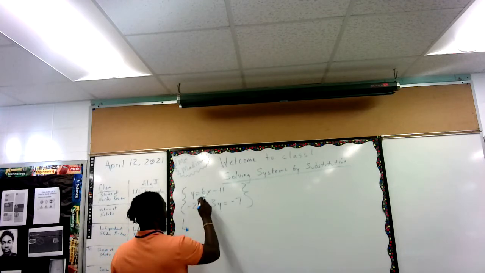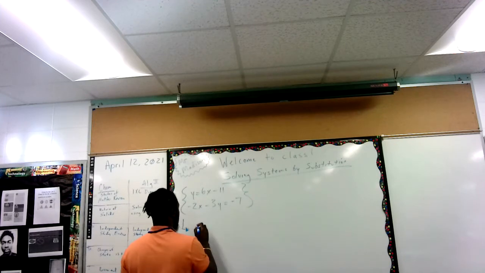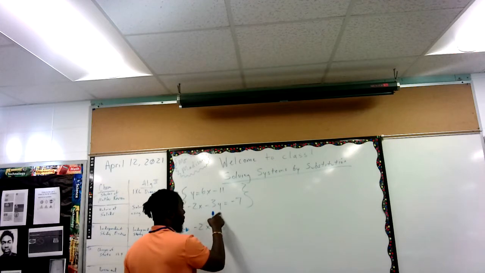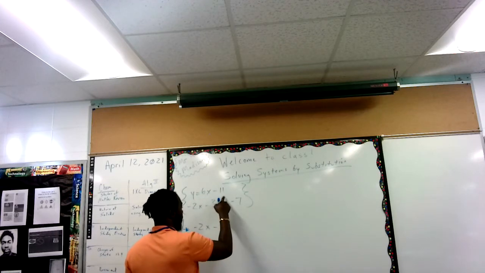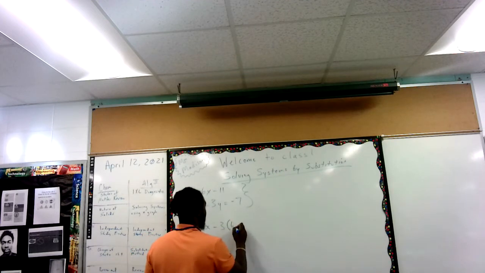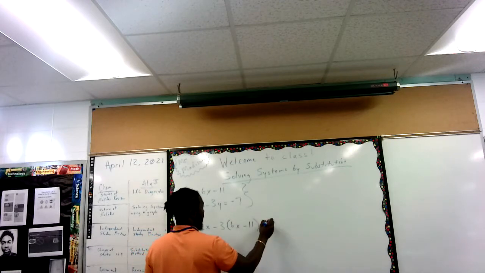So we already know what y is right here, but we're going to add it into this equation. So negative 2x minus 3, and instead of writing the y, I'm going to put this part of the equation in. So I use parentheses to separate it: 6x minus 11, close the parentheses, and then equals the negative 7.